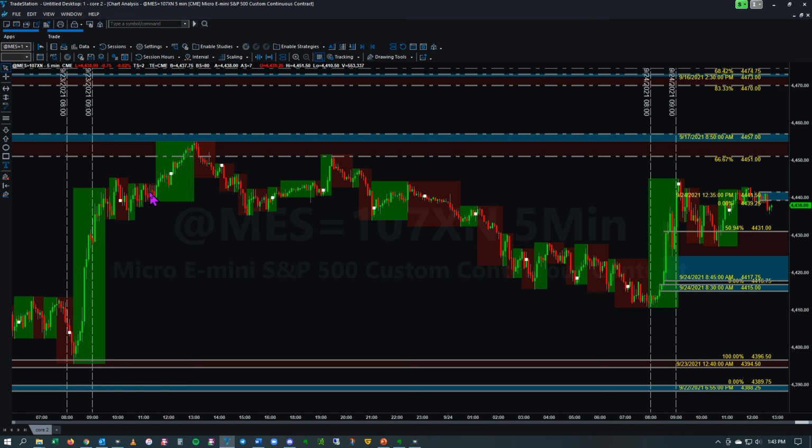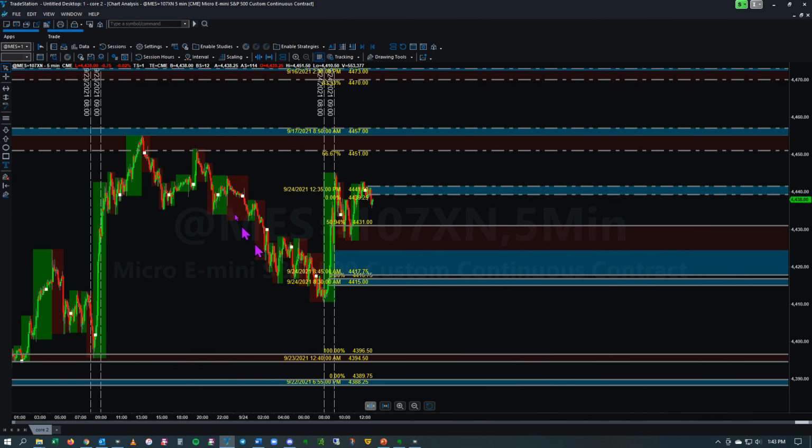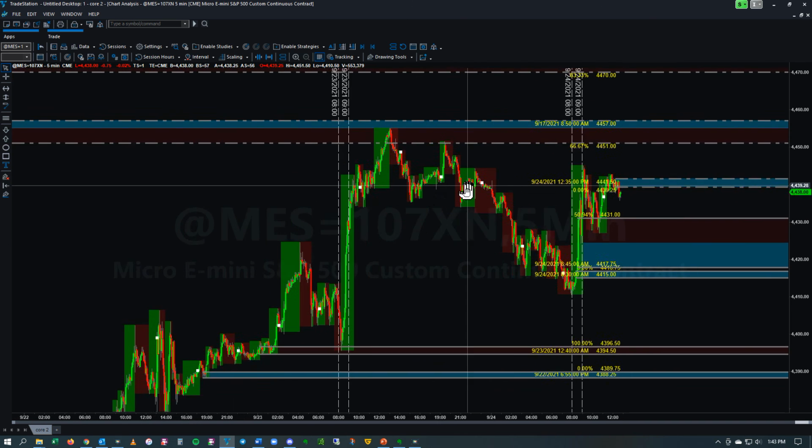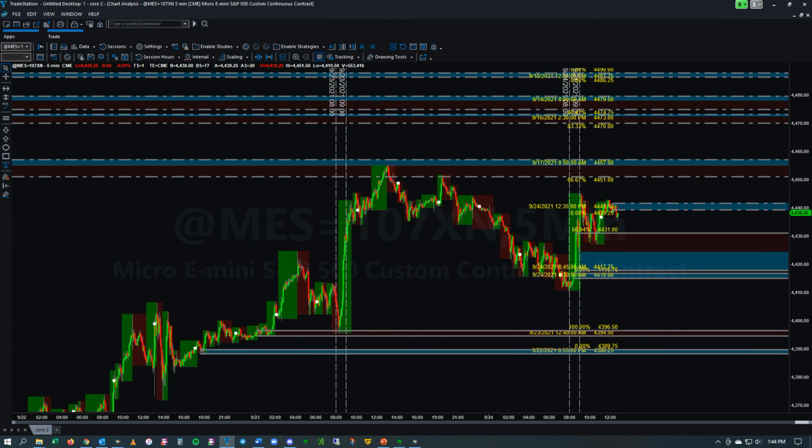Depending on how much of the picture you look at as to whether you would say that we were in an uptrend or a downtrend, that's going to depend a lot on your personal trading style. But you can definitely see where we were retracing here. So that's kind of what the tool helps you do.